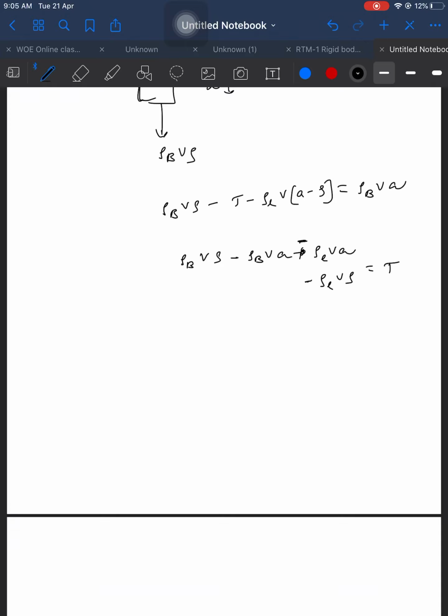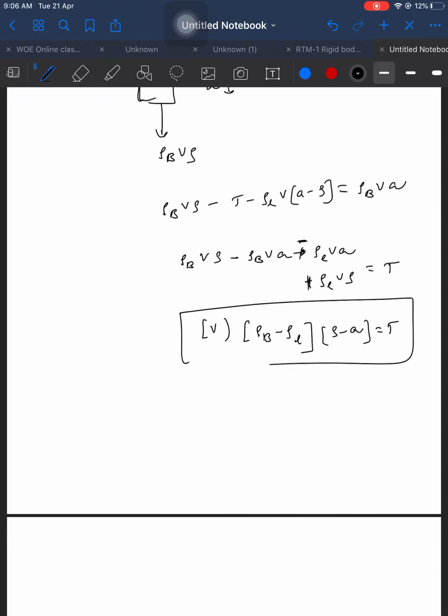We can take out v as a common factor, rho b minus rho l, and the common factor g minus a. It will be a plus value here. G minus a will be the tension in the second case.